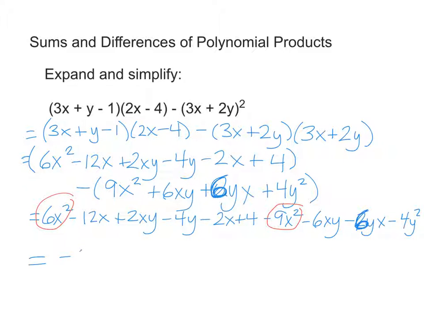So -3x squared. Then let's do the y squareds next. We have -4y squared. There's just one of them. I'm just going to put a line through it, cross it out, show that we used it.